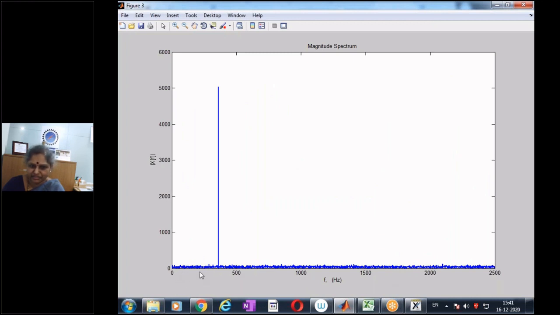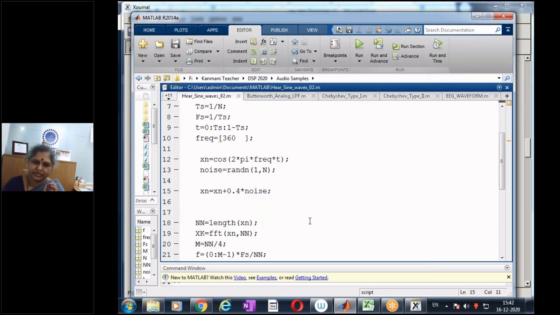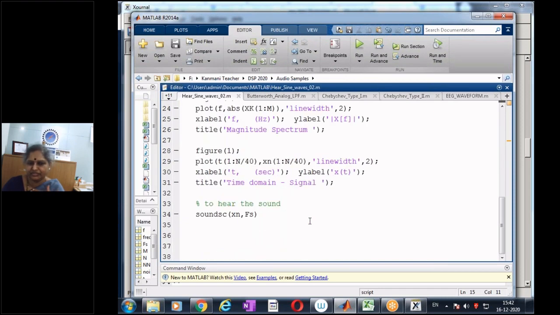You see now we have small strength present at all frequencies, and of course our original signal peak is intact. We also heard the noisy sine wave. Later on, when we move to the design of filters, we'll try to remove this noise from our signal and get back the original clear sinusoidal signal after passing it through a suitable filter.